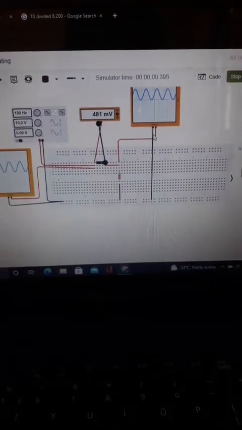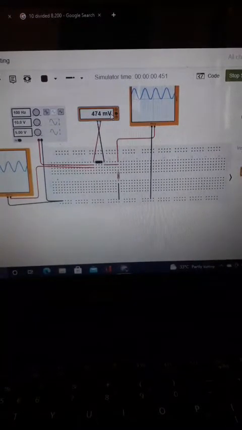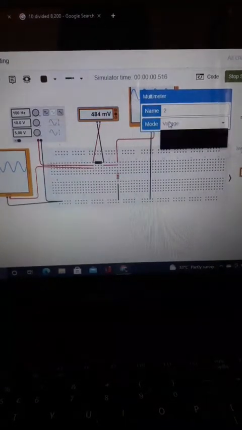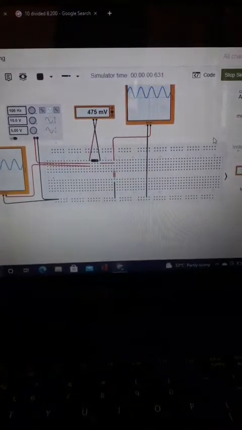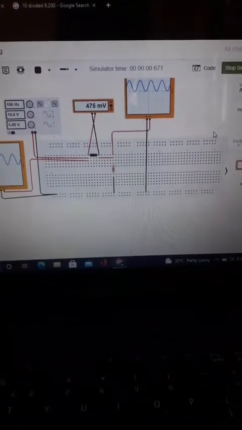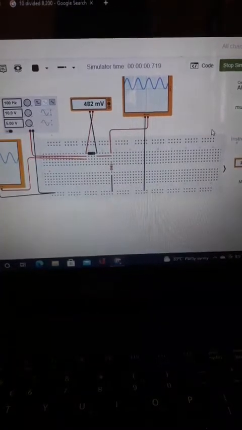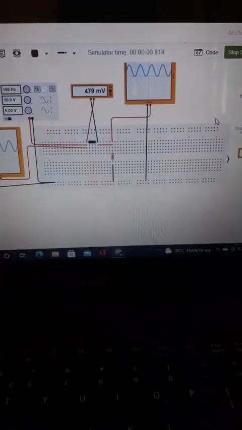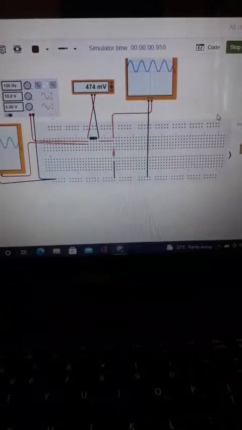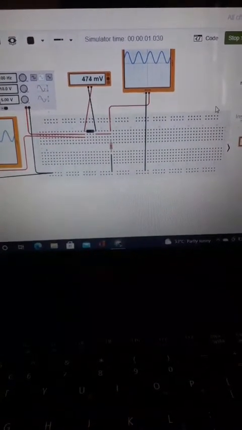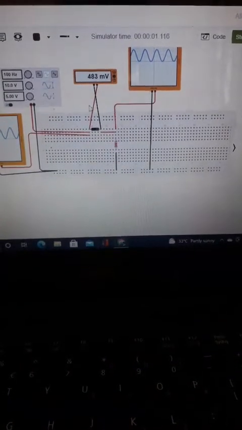We have 475. Why is it MB? We're supposed to get... oh, it is voltage. 474, 483. For some reason it's not constant.